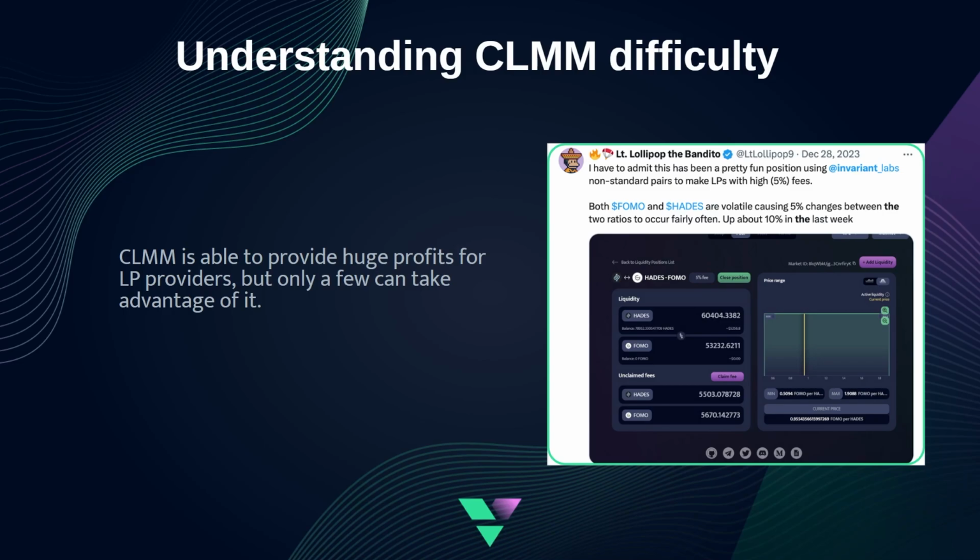Diverse sources suggest that a deeper dive into this subject reveals that liquidity provision can be far more profitable than initially perceived. Interestingly, the most substantial profits often emerge in unexpected places. For instance, consider a tweet from Lollipop, shared within their community, highlighting an astonishing gain of 10% in just 1 week from fees. A remarkable achievement, right?